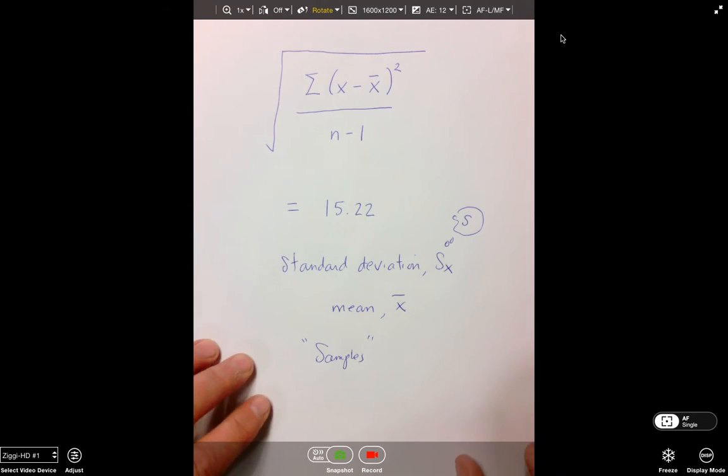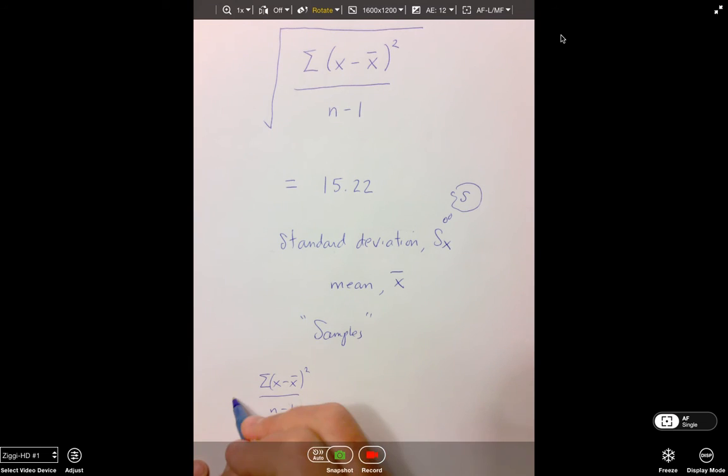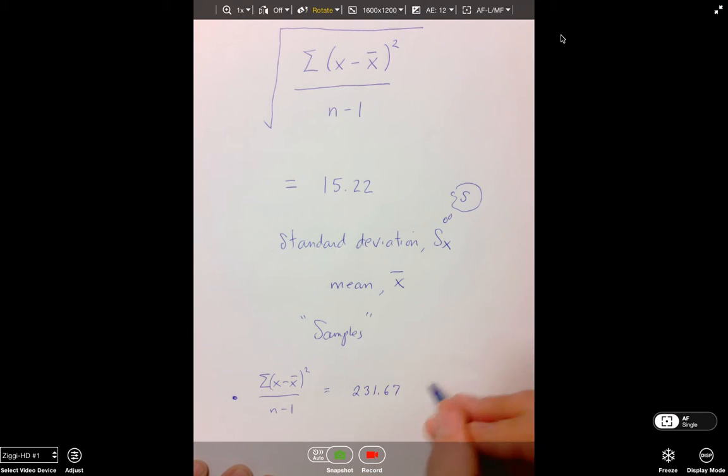So one more thing, if we take away the square root and just look at the sum of the x's minus x bar squared over n minus 1, and don't take the square root, notice here we got 231.67.